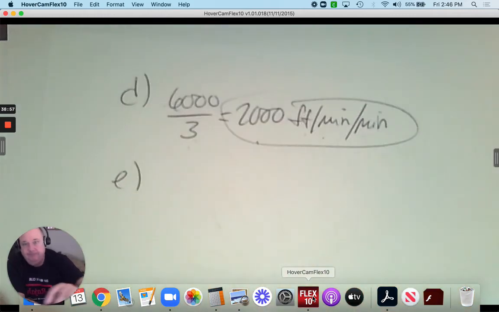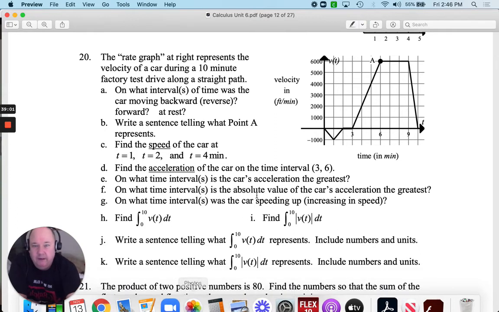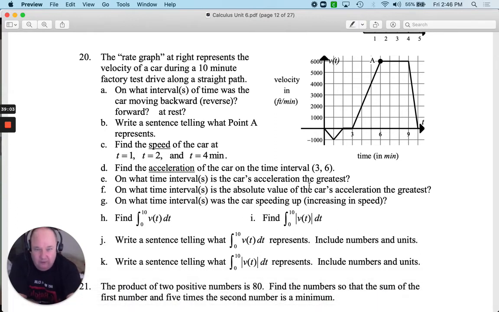E. On what time interval is the car's acceleration the greatest? The acceleration being the greatest is when the slope is the steepest. So here we have negative, so it can't be negative. If you have a negative slope, it can't be a great number. So it has to be where the slope is the greatest.